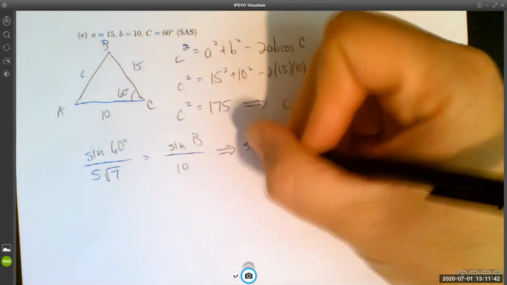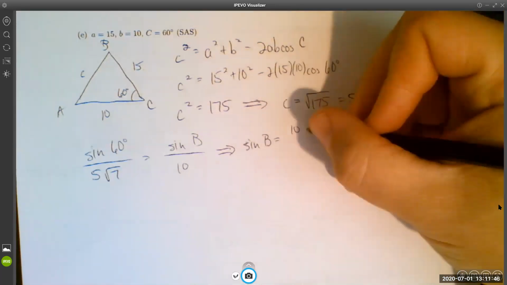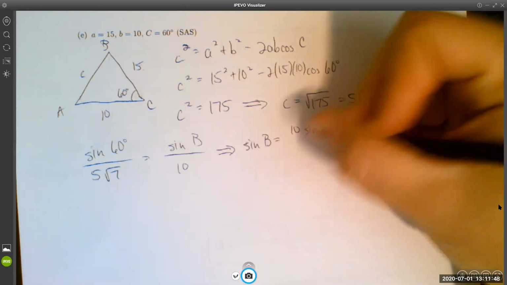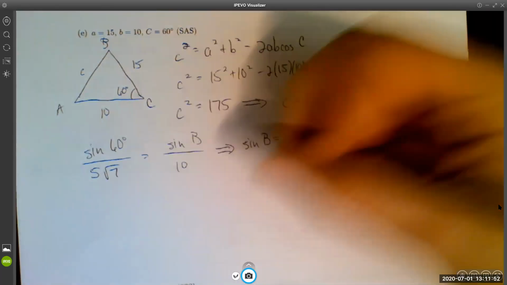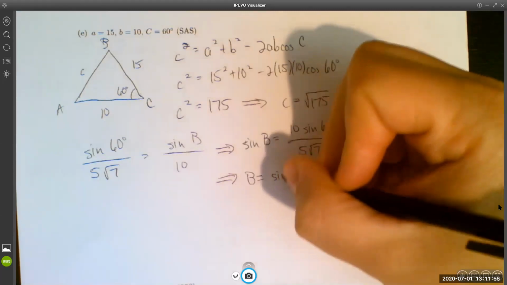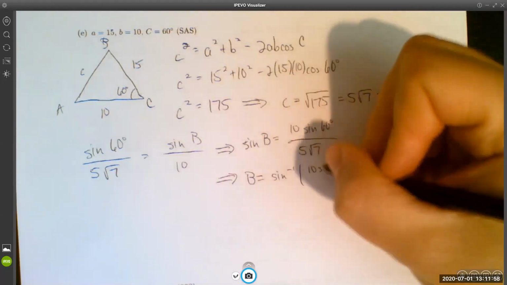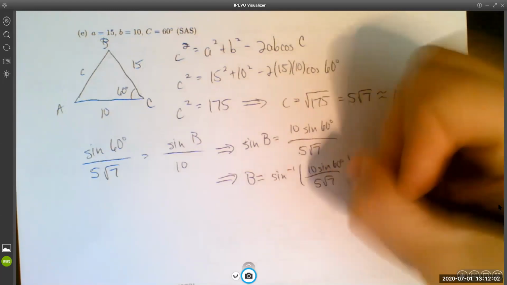So that means sine b is 10 sine 60 over 5 root 7, which means b is sine inverse of 10 sine 60 divided by 5 root 7.